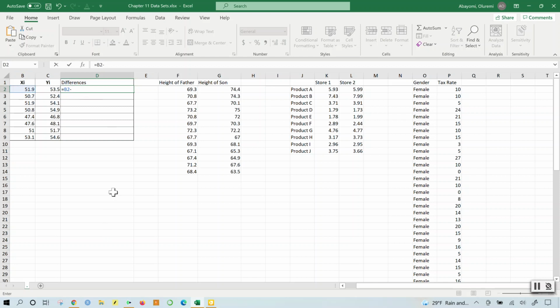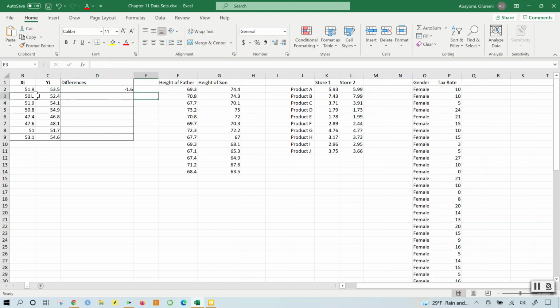So minus, I want the number in C2, and I will enter. Once you push the enter button, it will automatically compute it for you. Once you do the very first one, take note, the formula for the first one is B2 minus C2. You can see the formula there, and it computes it automatically for you.